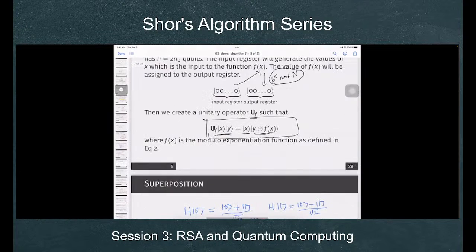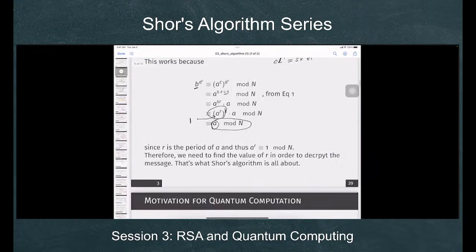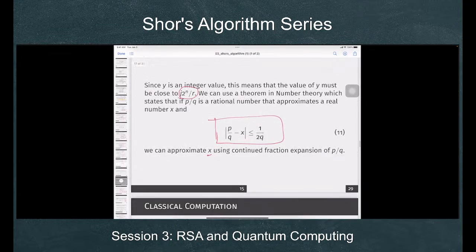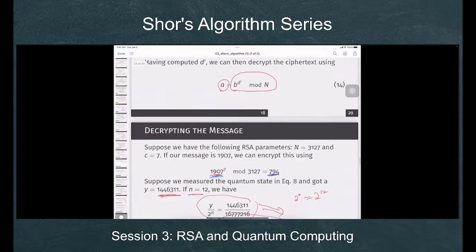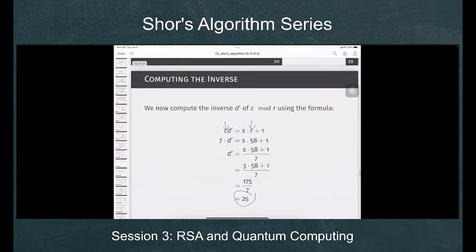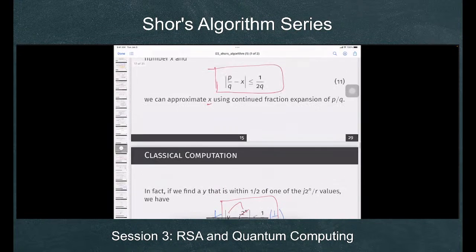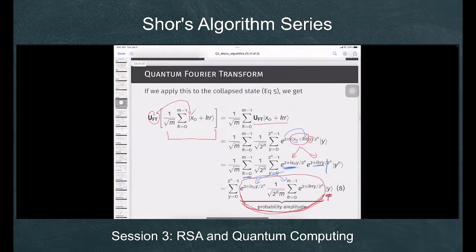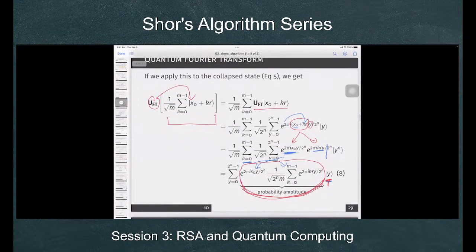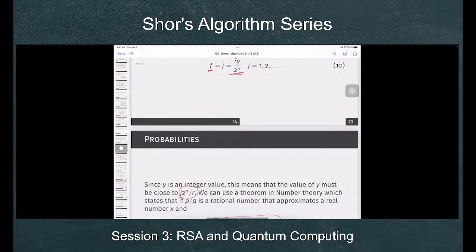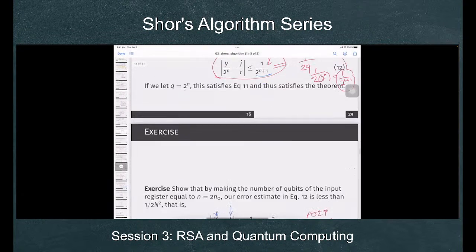The one that you see here, this one, what is that? Where's the Fourier transform? Shor's algorithm, the Fourier transform is the most important. Take a look.